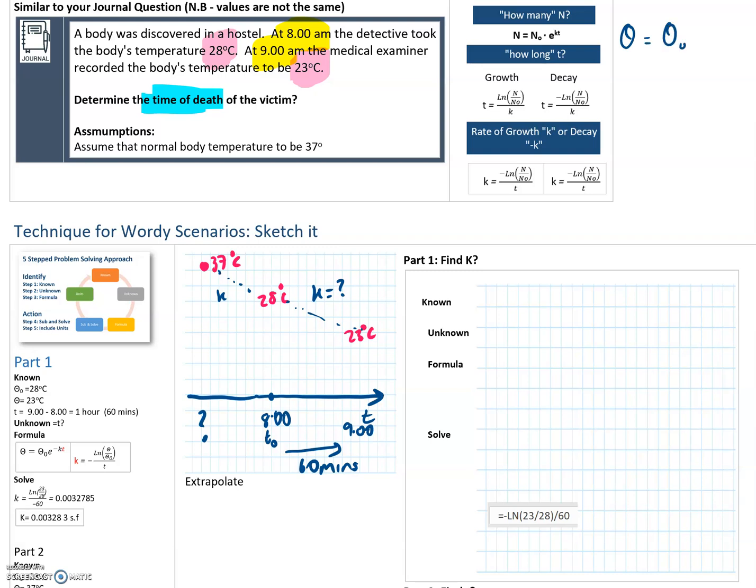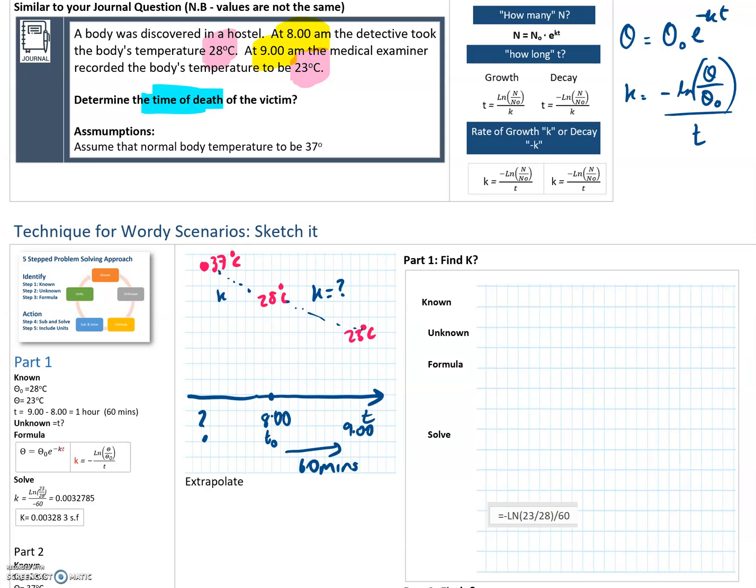So we have theta 0 for the initial temperature, and then that is raised e to the minus kt here, because we're looking at decay. Now we've transposed this formula already in previous questions, where we know if we want to find k, it's going to be the negative log of theta over theta 0, all divided by t. So if you need to look back on videos on how to do that, you can find that out.